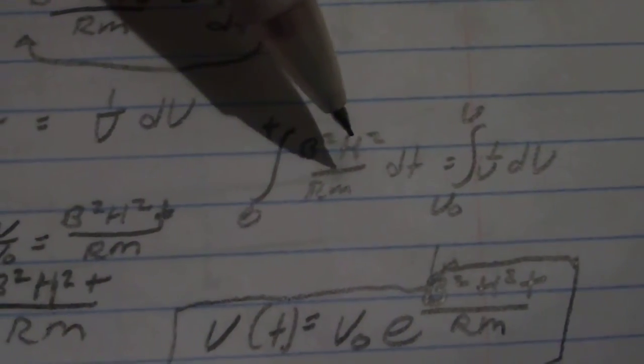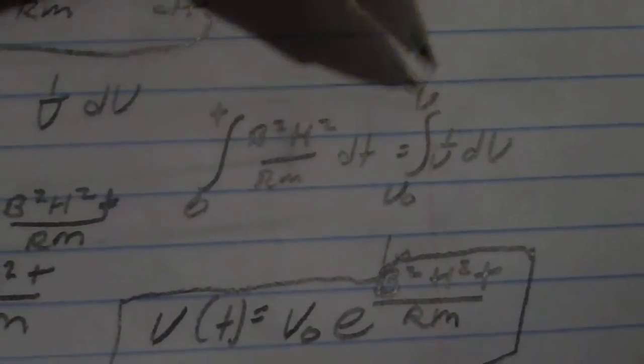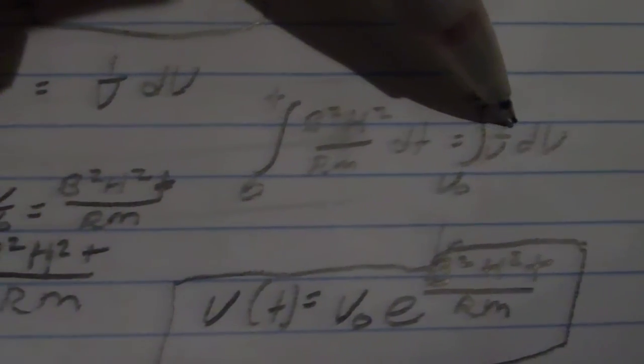Then simplifying that, we get B squared H squared V0 over R equals M dV dt. We bring the things over, and we have an integral here. We have the integral from 0 to t of B squared H squared over RM dt equals the integral from V0 to V of 1 over V dV.